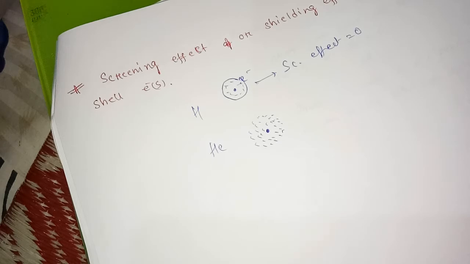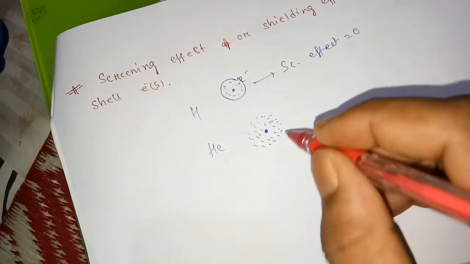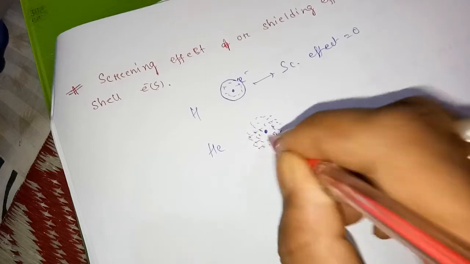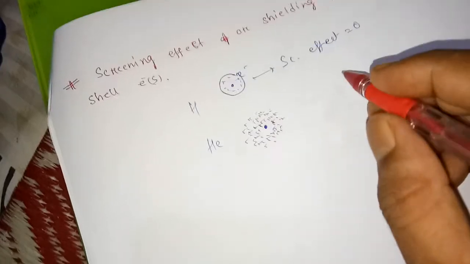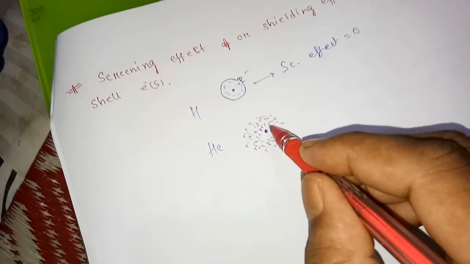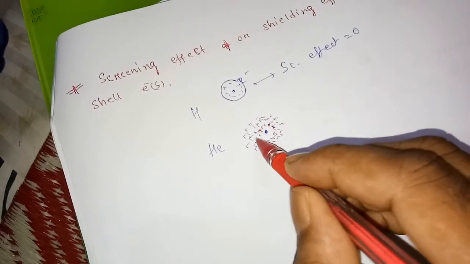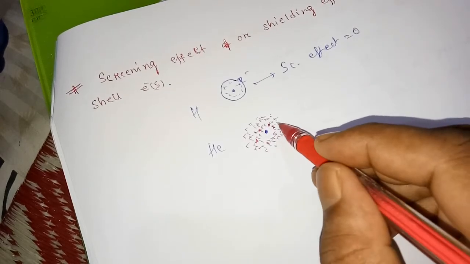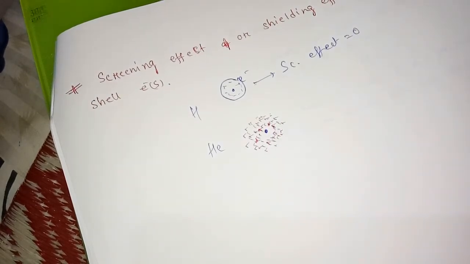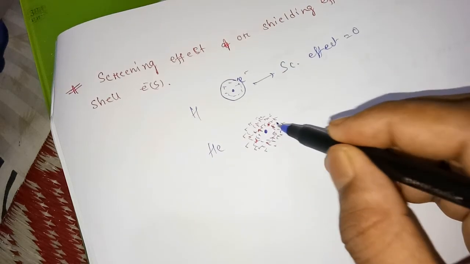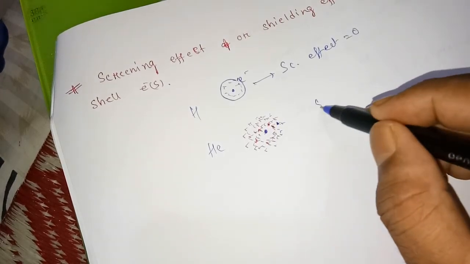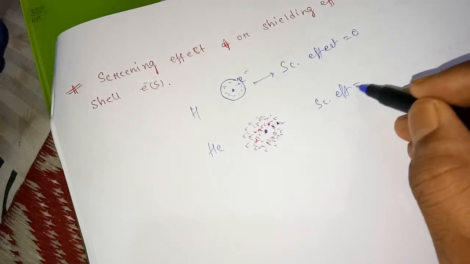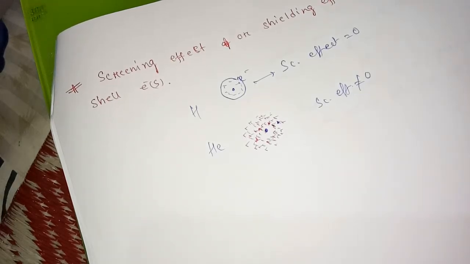This one is the blue electron, and this is the red electron. The red electron comes between the nucleus and the blue electron, so there is some screening effect. The screening effect here is not equal to 0.